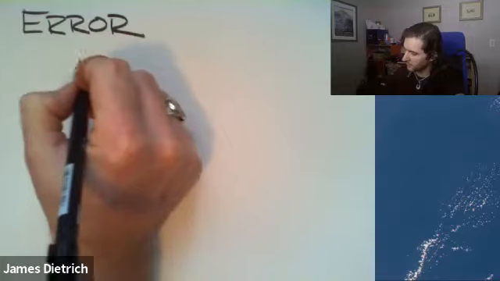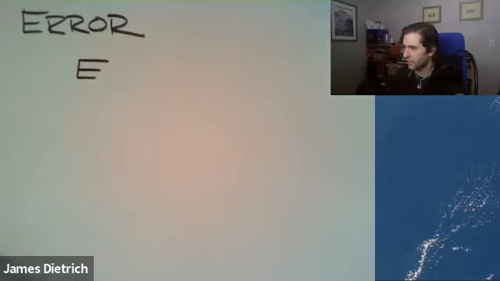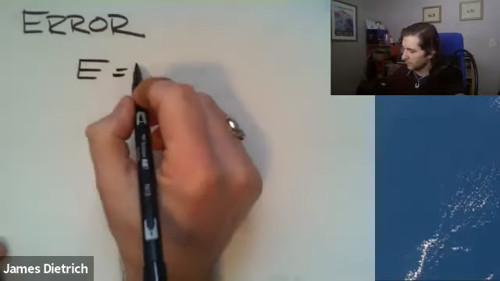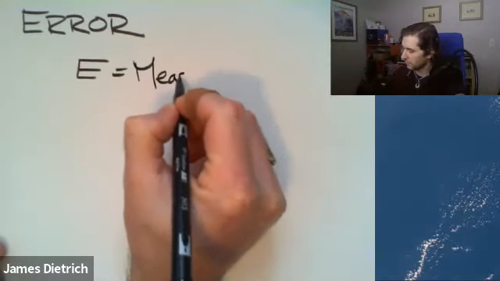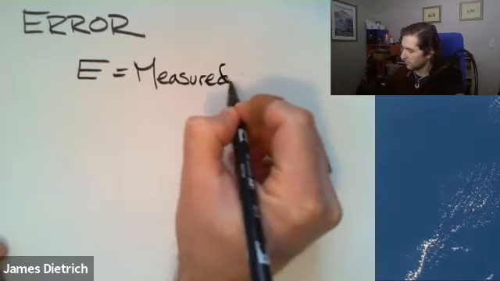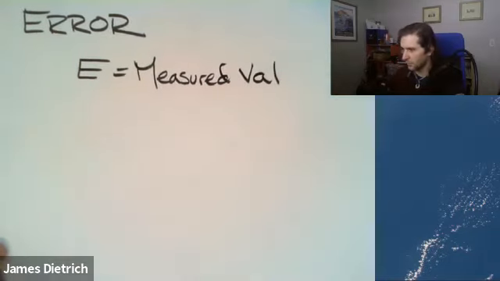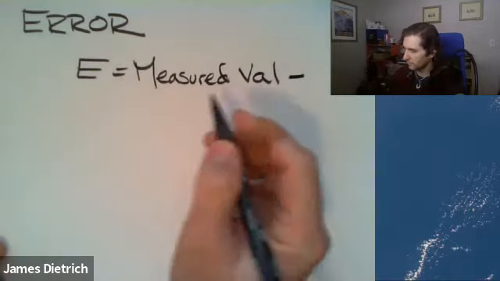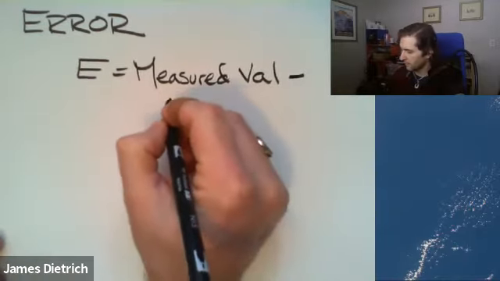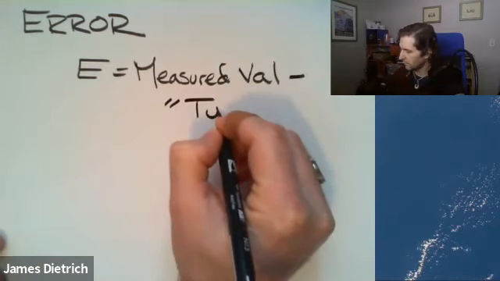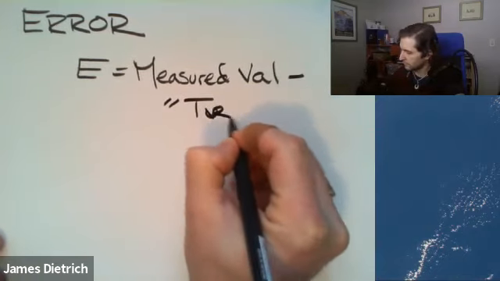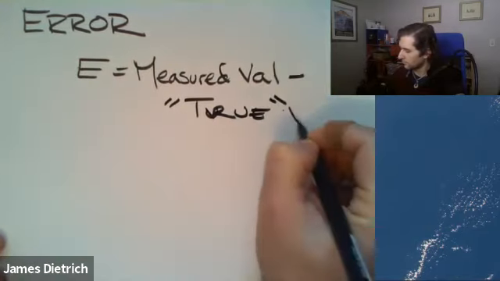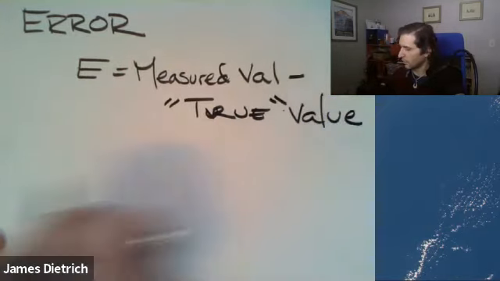we can think about the value E, the error in a measurement, as equal to the measured value minus the, and we're going to use this in quotes, the true value.